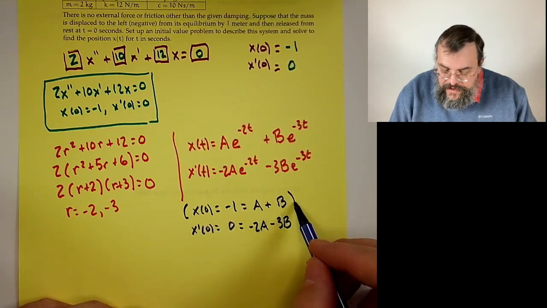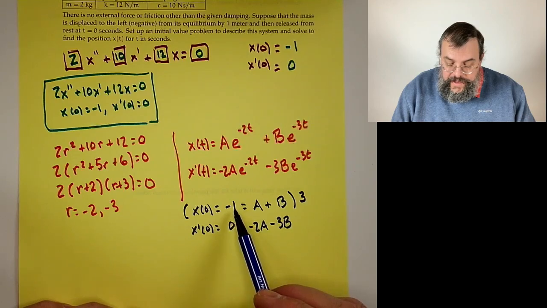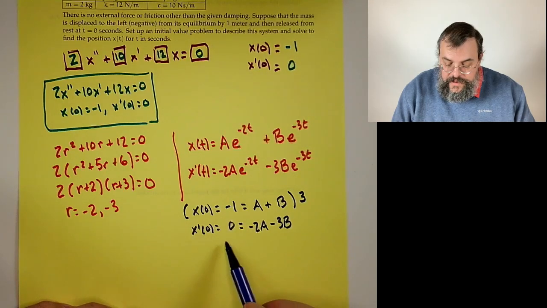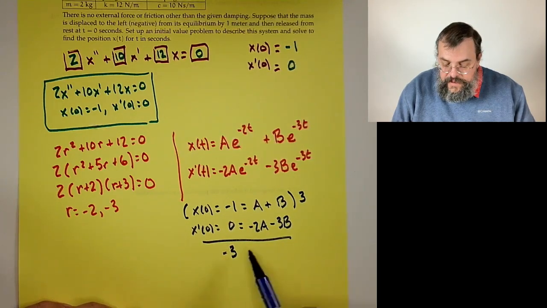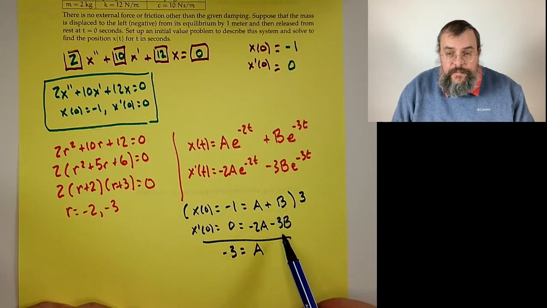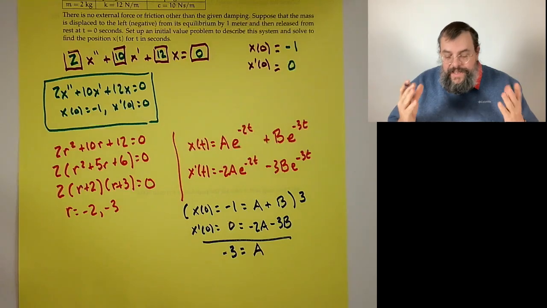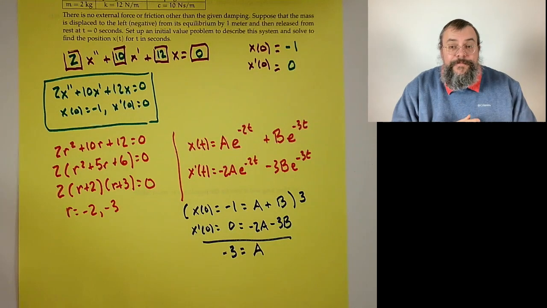Here's one thing we can do. Multiply the first equation by 3. So -3 plus 0 would make -3. 3 times a minus 2a makes a, and 3 times b minus 3b makes 0. So we get that a equals -3.